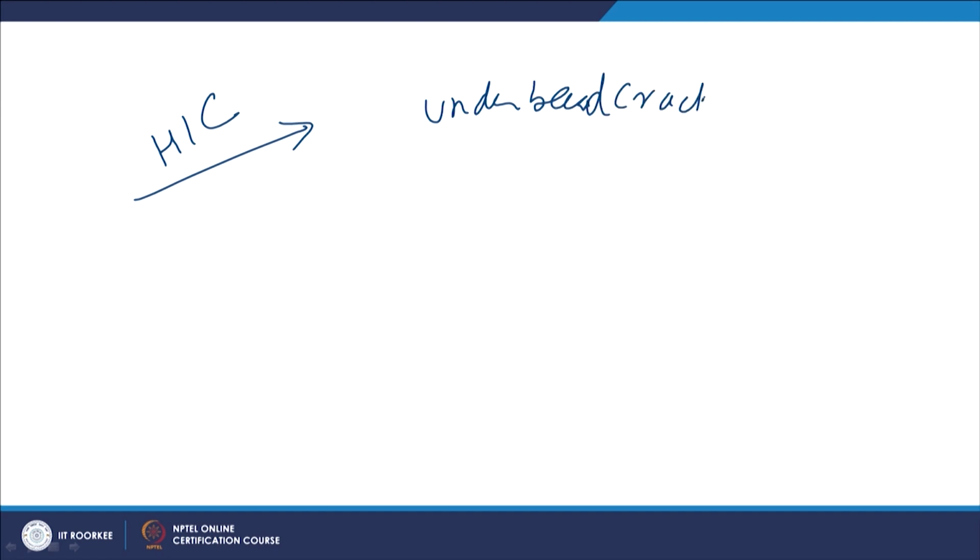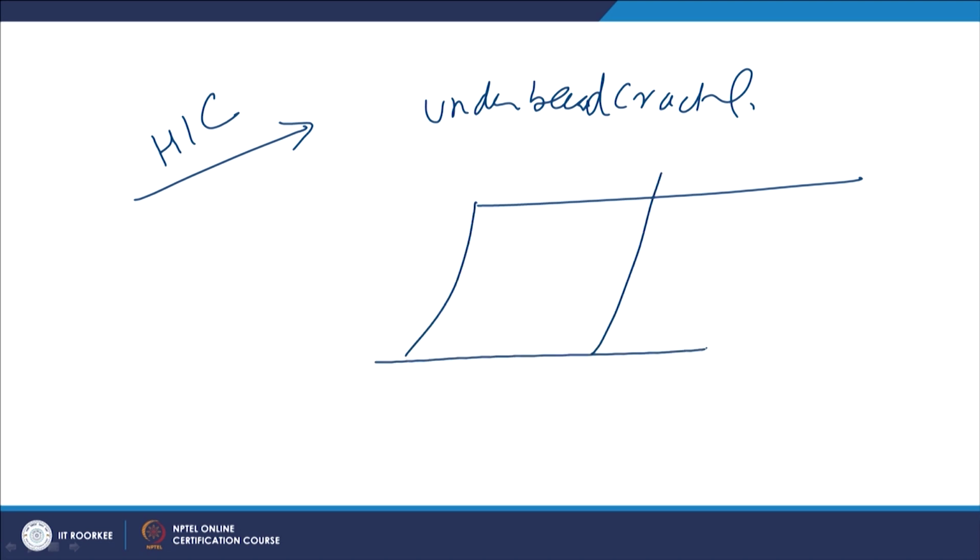and that in turn will help us in reducing the hydrogen induced cracking tendency. Then we have the most common form in which the hydrogen induced cracking is observed, the under bead cracking. Under bead cracking is mostly observed next to the fusion boundary in the base metal.